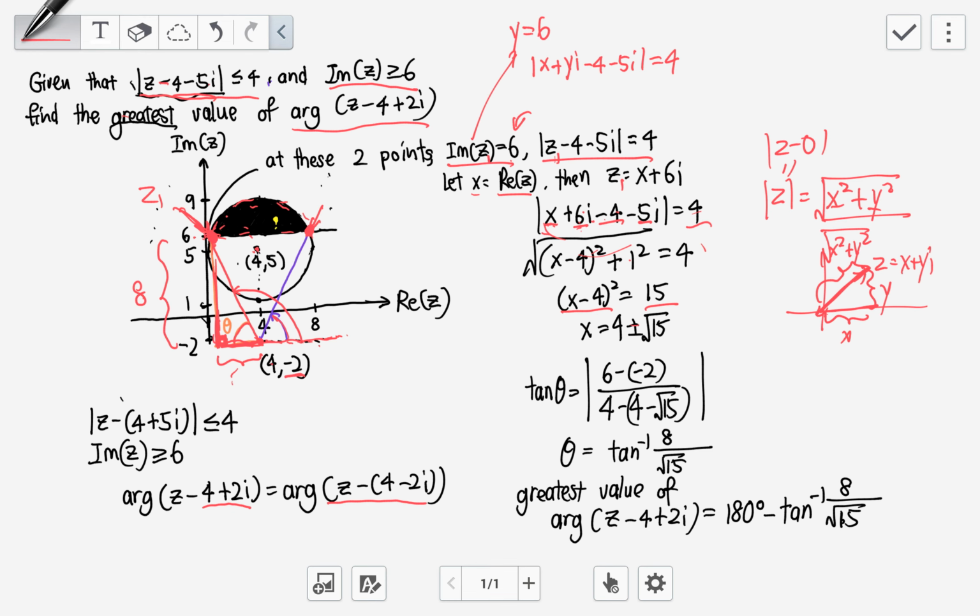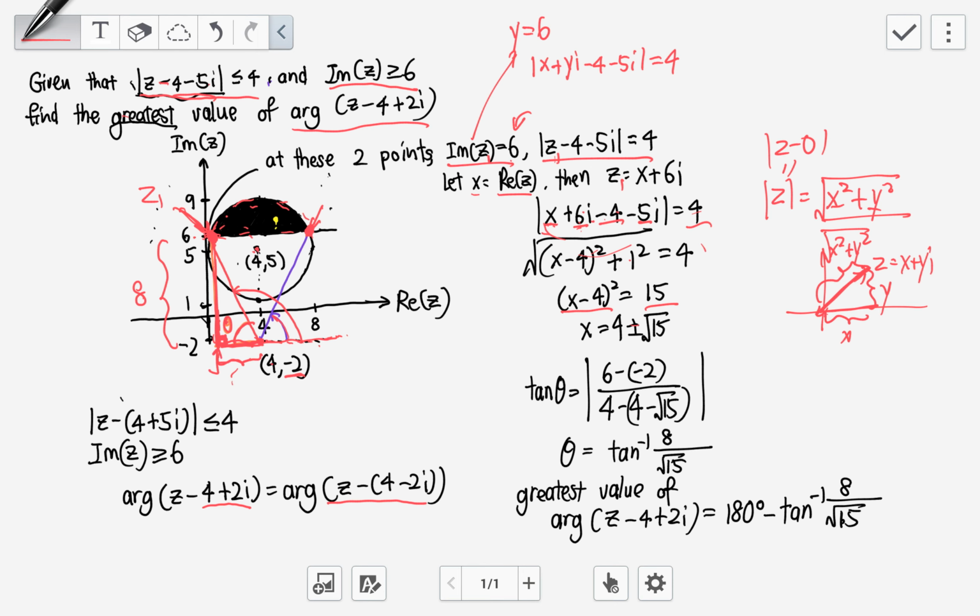So if this is 4 minus root 15, then the distance, then tangent theta equals to, tangent theta is this angle here. Tangent theta equals to the vertical distance 6 minus minus 2, which is 8, and the horizontal distance is 4 minus the x coordinate here.